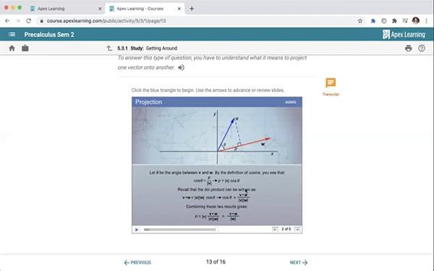If we know that these two are both true, we can set them equal to each other. So we just replace cosine theta in this top expression, and it gives us this new equation where P is equal to the dot product of V times W over the magnitude of W.